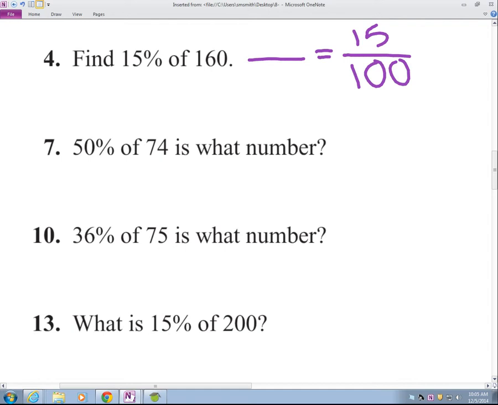Now we have 160. Does 160 go as the part, or does it go as the whole? Whole? What makes you think that, Quinn? Well, because it says 15% of 160. 15 is the percent, and 160 is the whole. What evidence do you have of that? We got to have evidence for mathematics. We need to know why we're doing stuff. You don't just do it. Beitai?